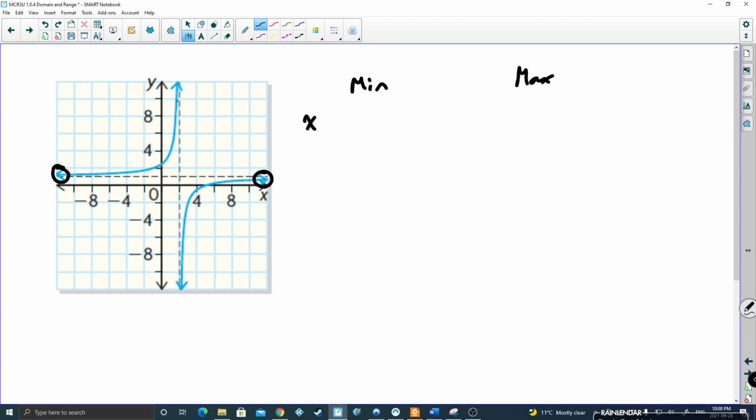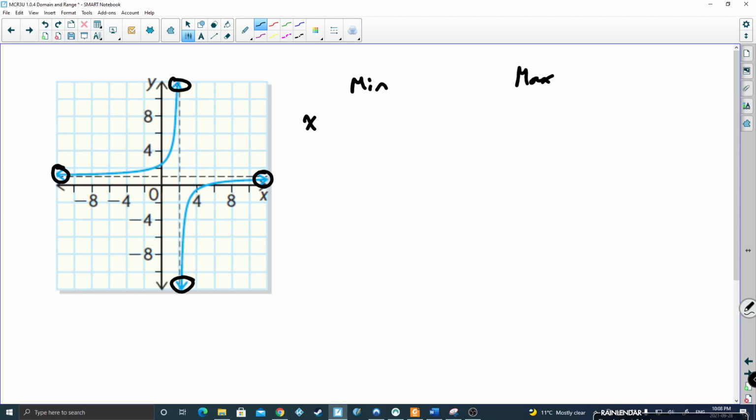The graph skims along at x equals 2. It goes upwards at x equals 2 and it goes downwards at x equals 2. But these 2 arrows here and here are basically stating that the line, or the curve I should say, the blue curve, never ever touches the dotted line. It just skims along the dotted line.